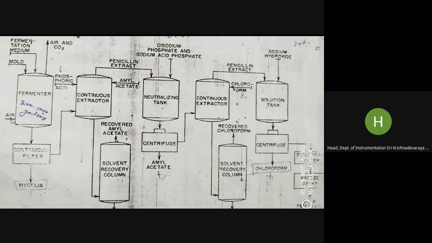The clear filtrate known as beer may contain as much as 4,500 international units of penicillin per milliliter.